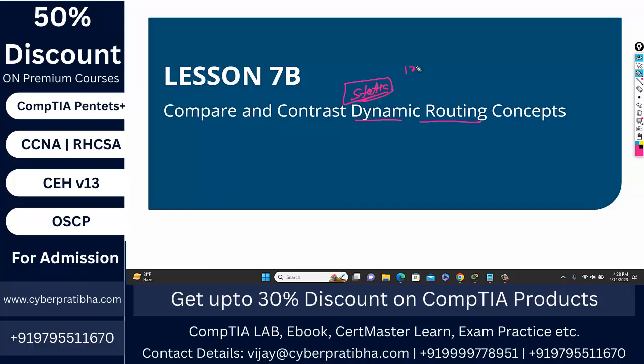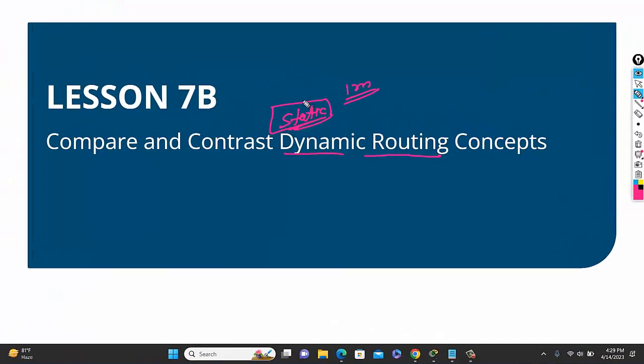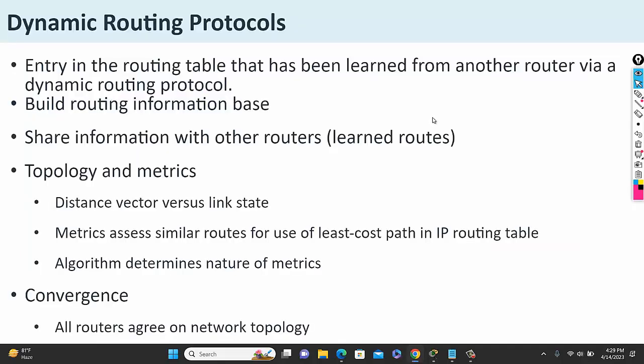When there are millions of routers all over the world, and you already know there are trillions of IP addresses and millions of networks, making static entries on every router is not possible. So there is a dynamic routing concept where the routing table is created automatically. We will discuss in this session how it is possible and how we can do it.